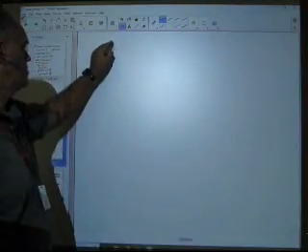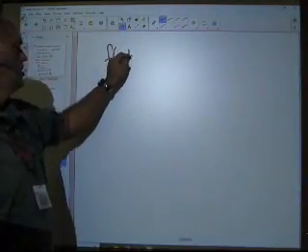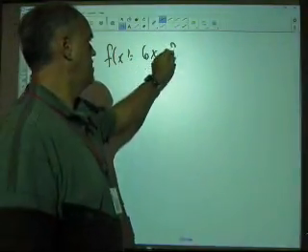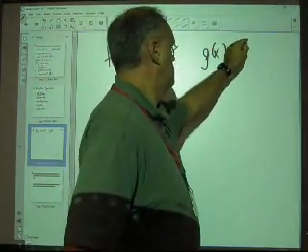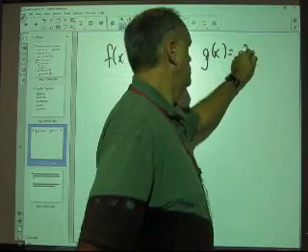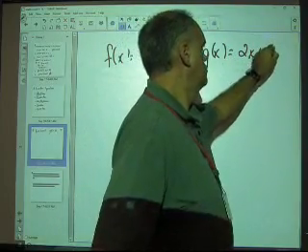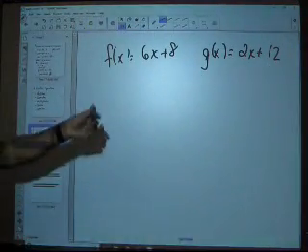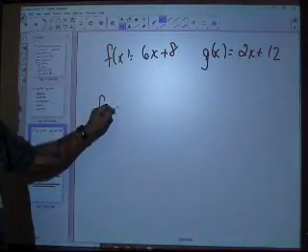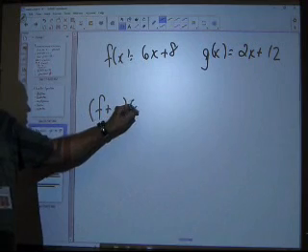So let's consider the function f of x equals 6x plus 8 and g of x equals 2x plus 12. Use those. So let's try and find f plus g of x.